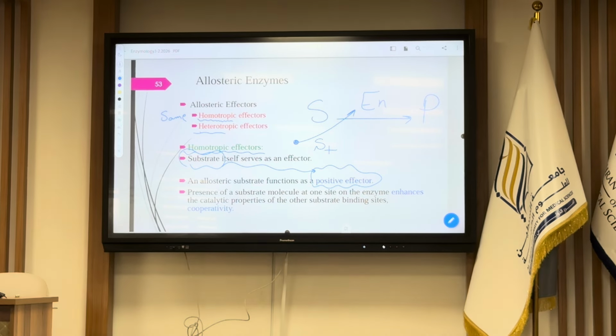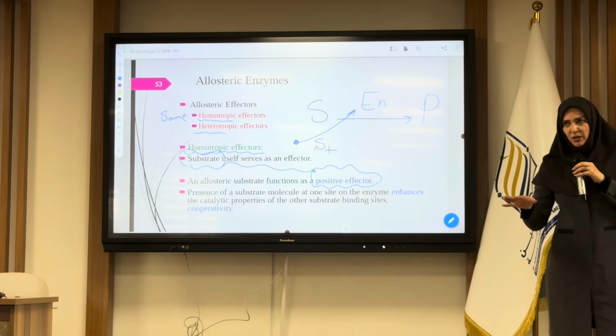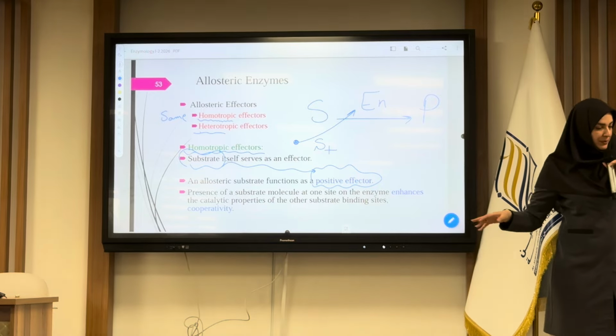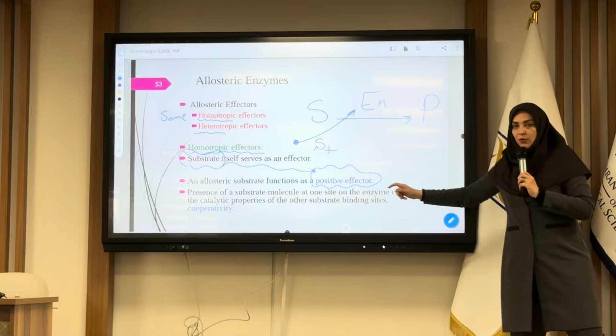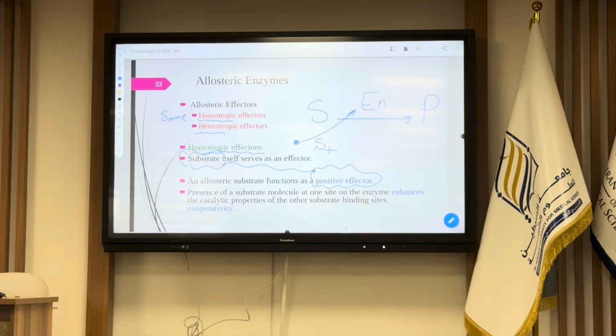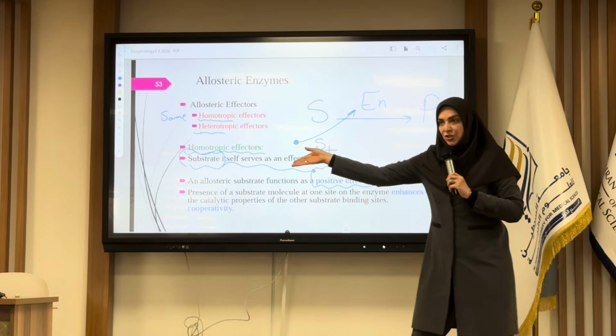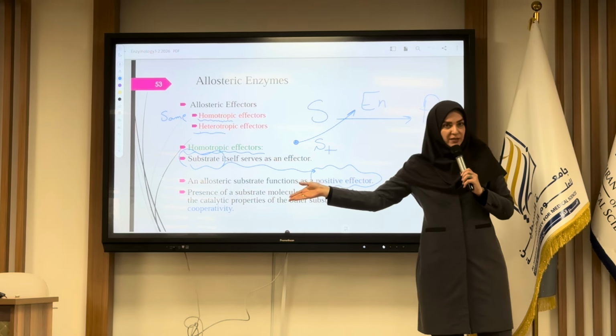For example, I'm glucose and I want to describe glycolysis, because I know you are familiar with it. Glucose is considered a positive effector for the glycolysis pathway. Glucose says, hey, I'm here, increase the rate of reaction. That is a positive effector. Do you understand?